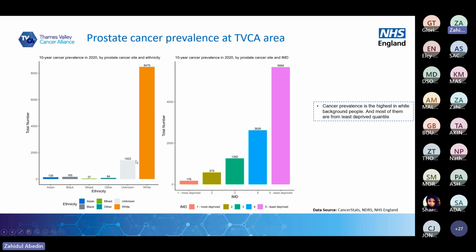Probably they did not declare their ethnicity. And on the right-hand side for the IMD, it is mostly the least deprived population, sorry, not most deprived, and there are few from the most deprived.